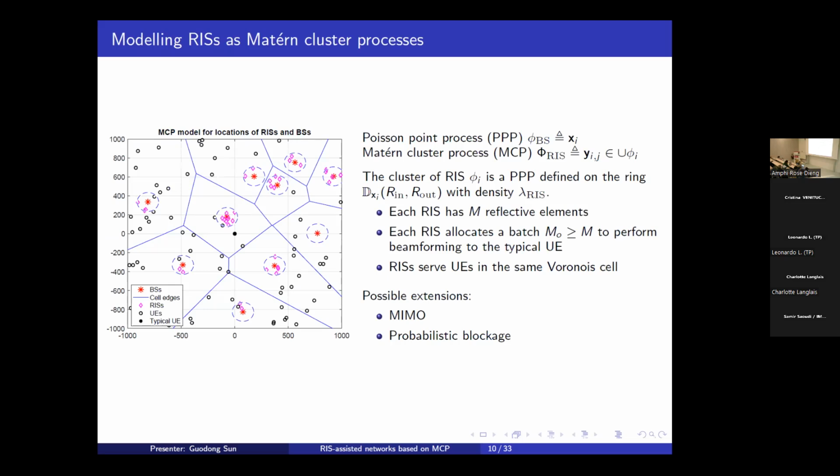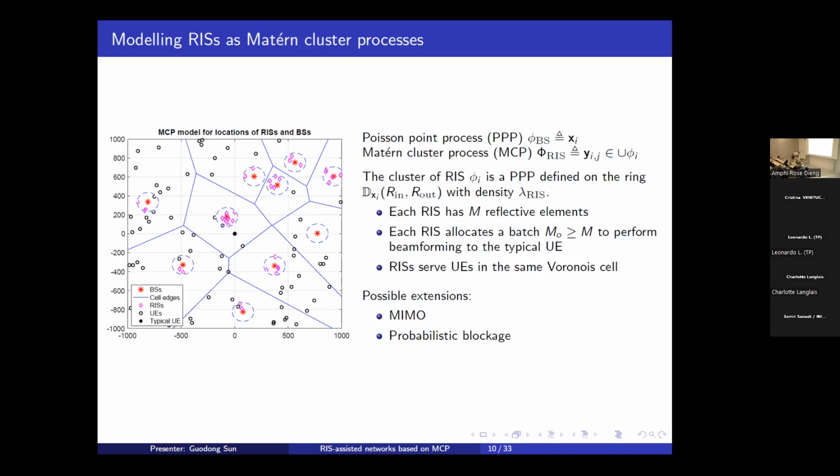Then the second level, also a Poisson Point Process, is a union of small clusters denoting the locations of RISes scattering around the base stations. Here we assume it's scattering over a ring around each base station, with the inner radius and outer radius given here. Here we consider the homogeneous case, meaning every node is considered the same.